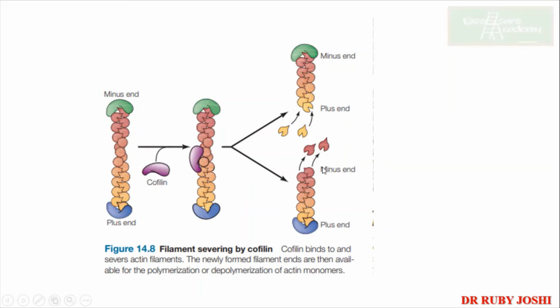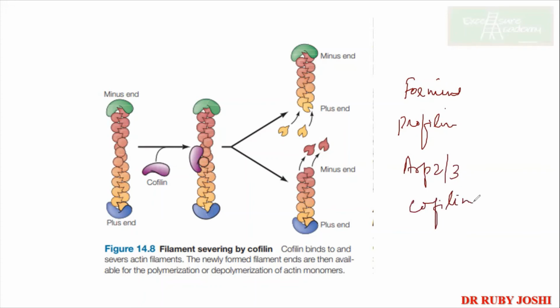Okay, so now I hope the functions of formins is clear. Profilin is clear. ARP 2/3 is clear. And then last we have talked about cofilin, right? I hope the functions of all the four is clear. Formin, it forms a dimer base onto which your nucleation initiates, right?